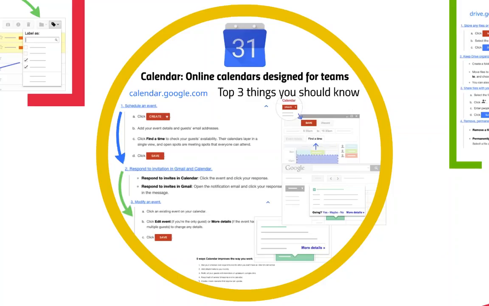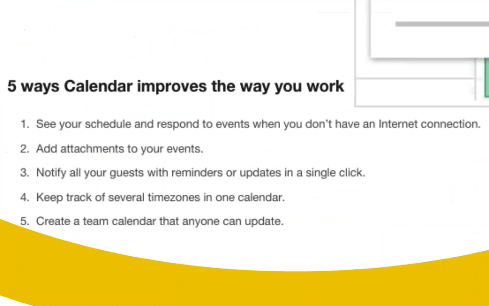And if you ever need to modify the event, you would go to the same place. Just click on the event in your calendar, and you can click on the More Details button. And once you've viewed it, or if you have the power to make changes, you would click Save.